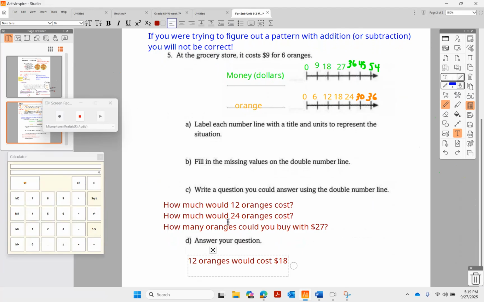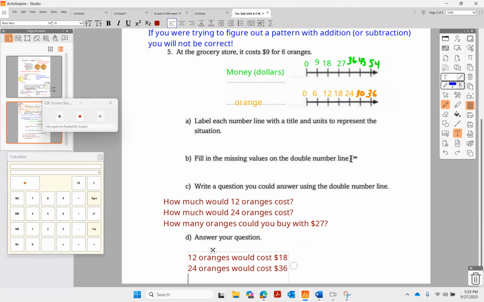So let's look up here. 1, 2, 3, 4. 1, 2, 3, 4. Oh, so 24 oranges would cost $36. And how many oranges could you buy with $27? Okay, you could buy 18 oranges. Okay, so those would be answers.